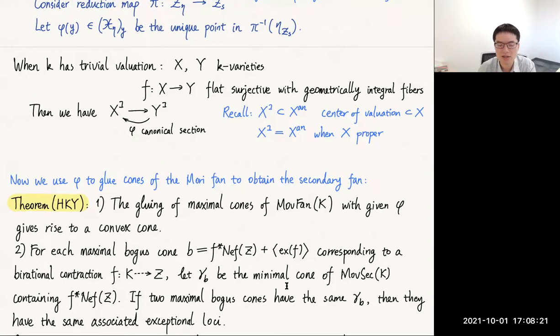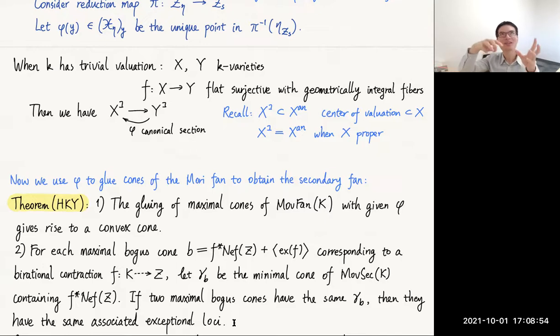So if we consider the minimum cone of the moving part containing the pullback of the Nef cone of Z, then if two maximal cones have the same, maybe it's difficult to read what is written here, but all I want to say is that now we already glued.